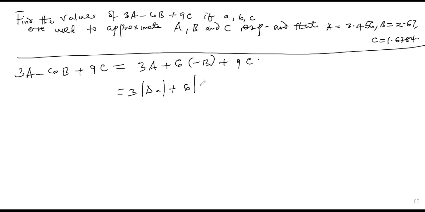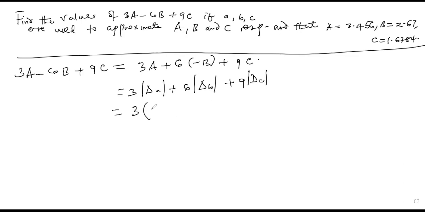Since it is absolute, we shall take negative as positive, then plus 9 delta C. Then you do the necessary, 3 into delta A. A is 3.456.